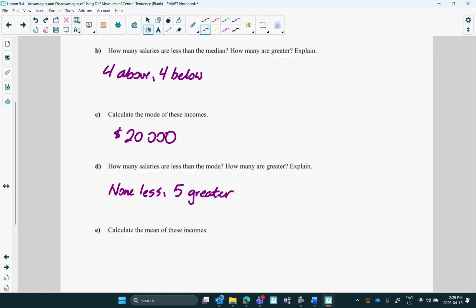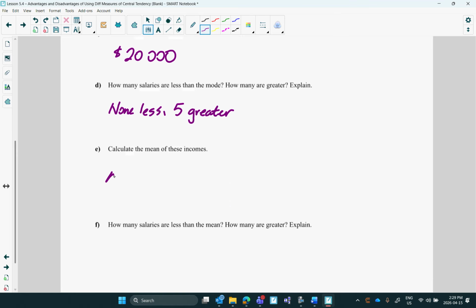And finally, the mean. You know how to calculate the mean: add it all up and divide by the number of values. So I'm just going to give it to you. It's 31,000. And then we're going to do the same thing again.